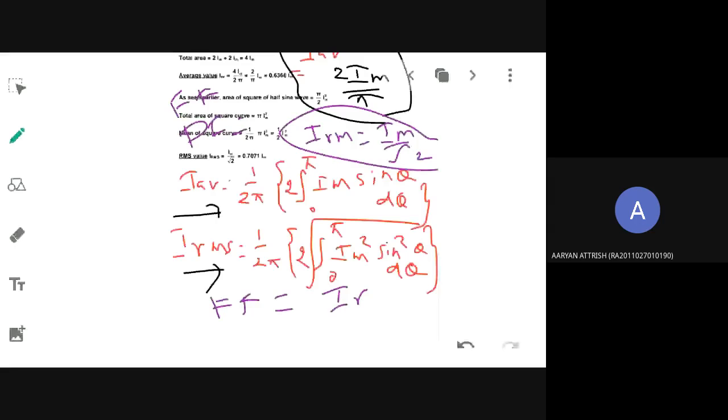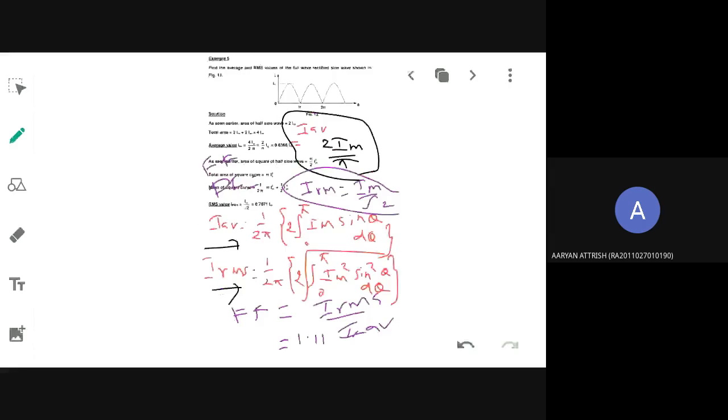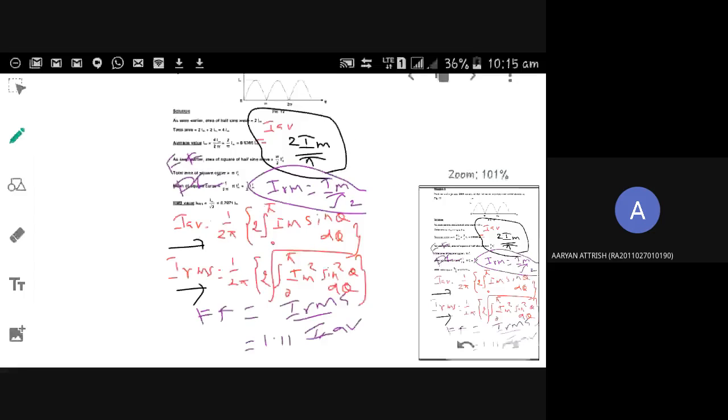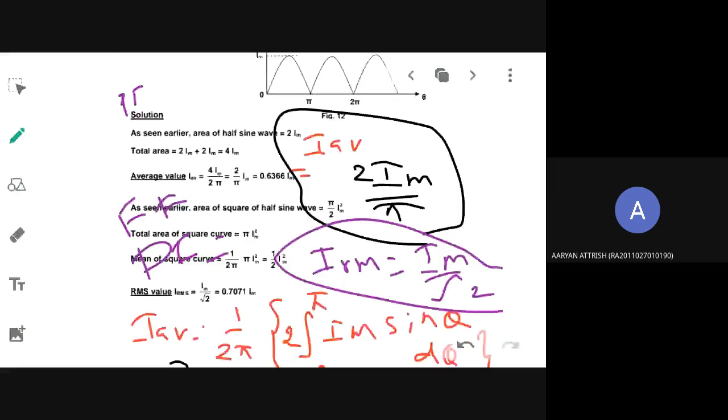The answer will be 1.11. Then similarly, peak factor is IM divided by IRMS. So the answer will be 1.414. Okay, same as the first waveform. But the derivation part alone will differ a little bit.